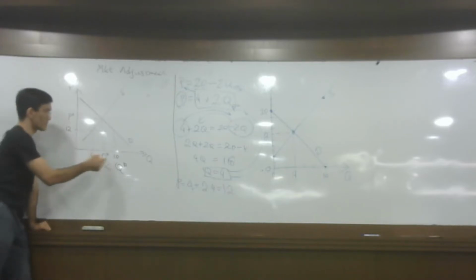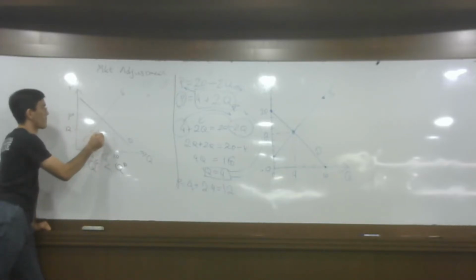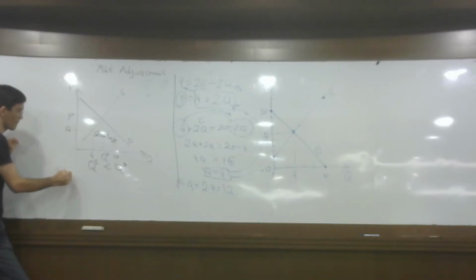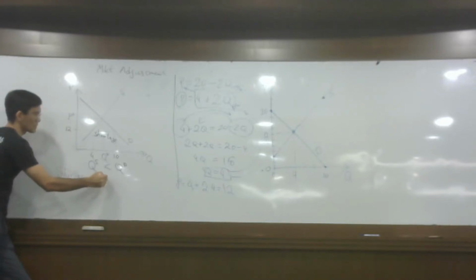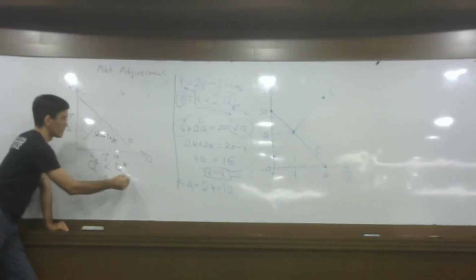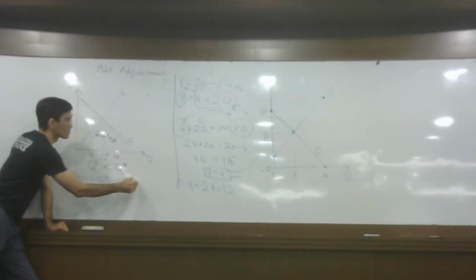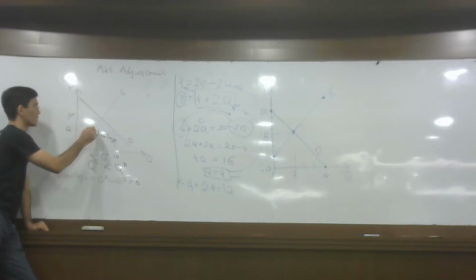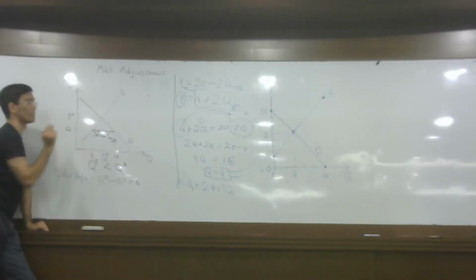The shortage is the quantity demanded minus the quantity supplied. In our case, that's going to be equal to 6, for example. So this distance is the shortage. I'm going to show it with this arrow.